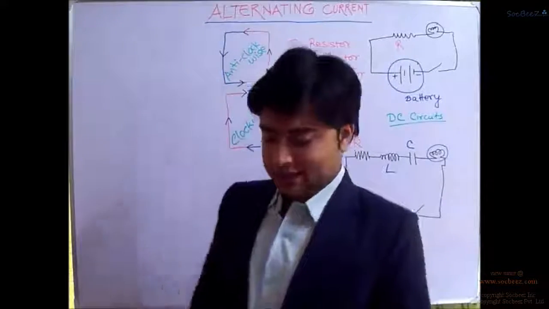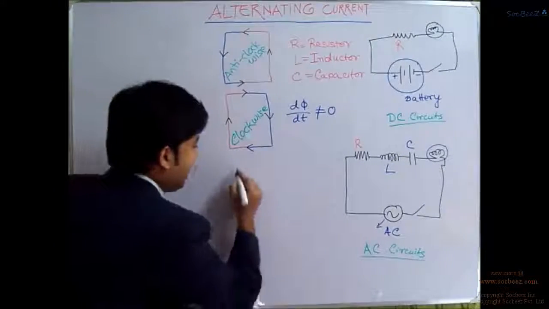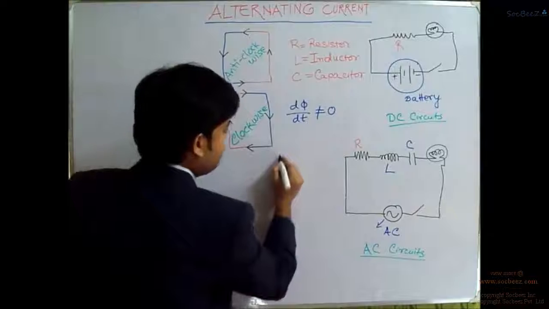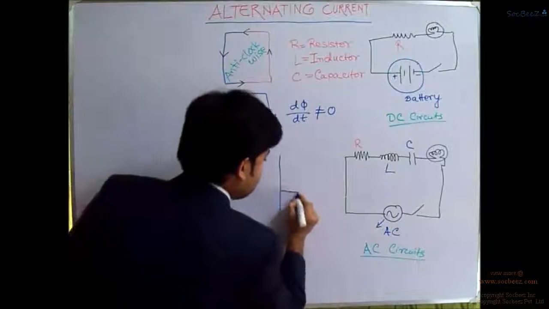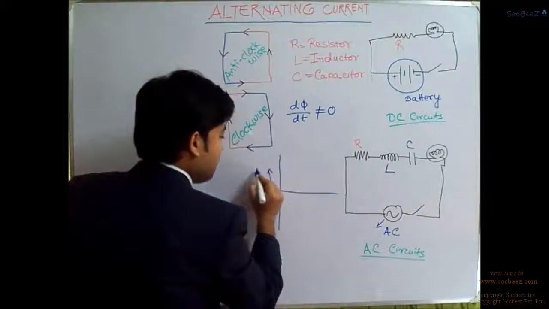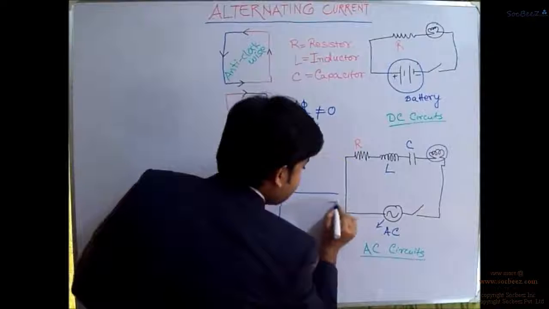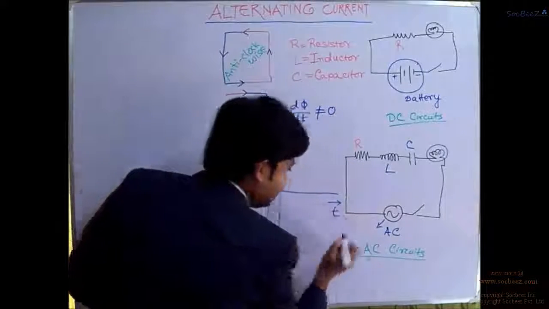So we will see that if we make a graph, this will be, for example, I, and this is, say, the time.